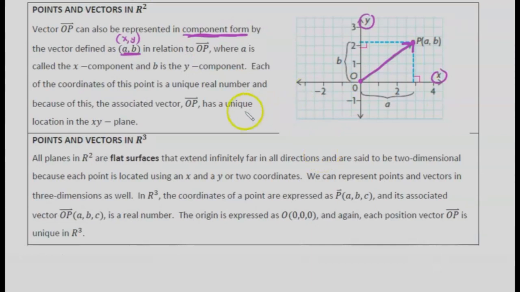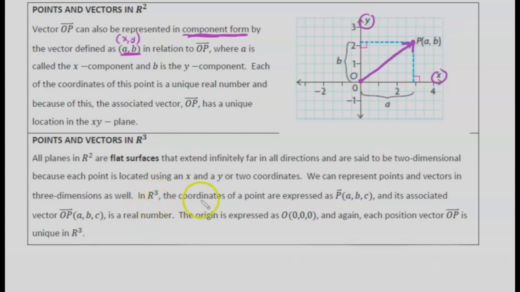Now, points and vectors in R cubed. All planes in R cubed are flat surfaces that extend infinitely far in all directions and are said to be two-dimensional because each point is located using an x and a y, or 2 coordinates. We can represent points and vectors in 3 dimensions as well.